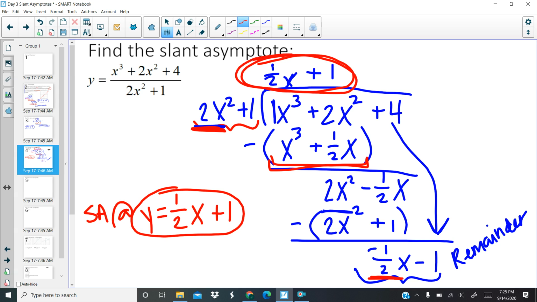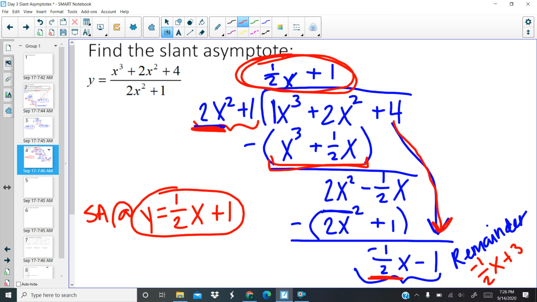If you wanted to find the legit remainder, then you would subtract it out and then pull down the 4 and do all of that. And so the remainder would have been negative 1/2 x plus 3, I believe. But you don't have to worry about that in this scenario. If you were just asked to do long division, then you would have to indicate what the remainder was. But when finding slant asymptotes, it doesn't matter. So that's why you can just stop at that point.